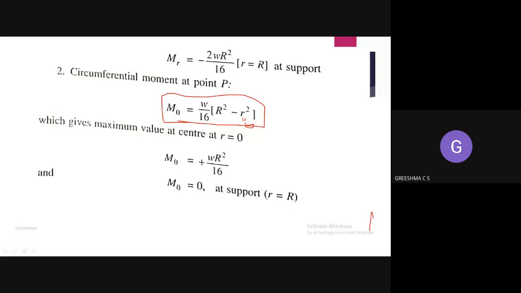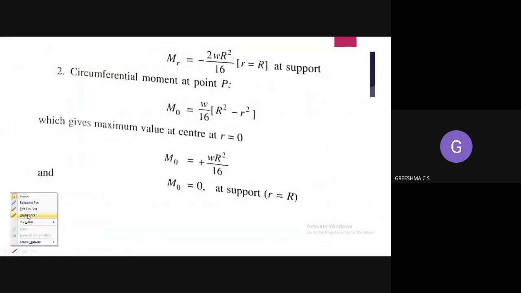And at the supports also there will be some kind of moment, so you have to find that out also.